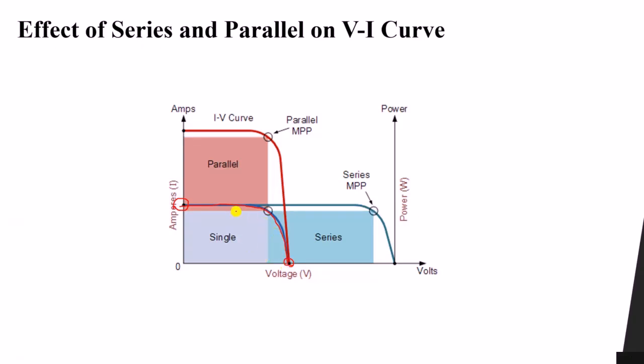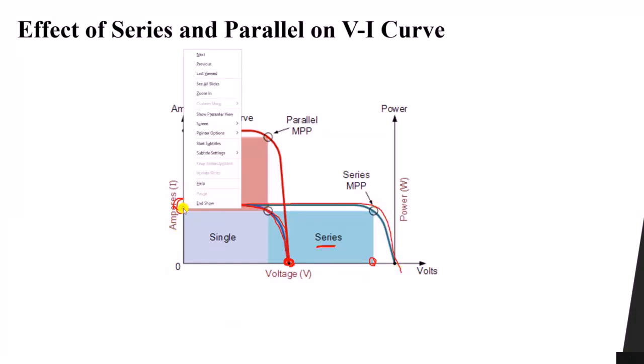Now if we add another panel in series, what will happen? The voltage will increase. You can see the voltage shifted from here and became here. This is the new voltage. And what about the current? The current is the same. You can see this is the old curve, and this one is the new curve. The ampere is the same.